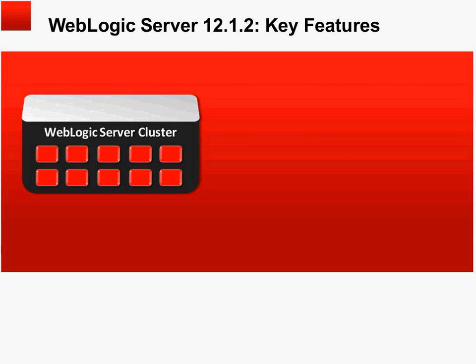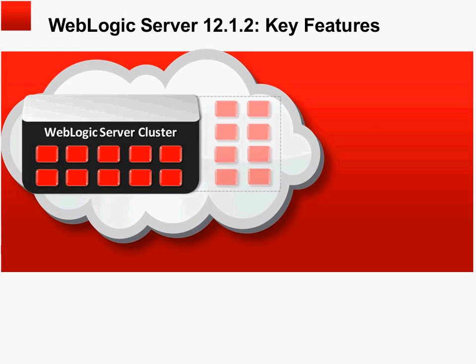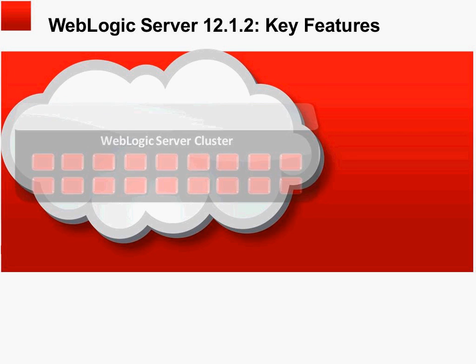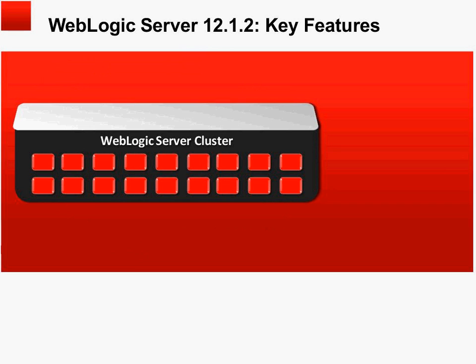So let's drill down a little bit into a couple of the capabilities. One of the areas I wanted to highlight was the introduction of dynamic clusters. Now, what happens here, you can see with the graphic of a cluster growing dynamically, is you're able to set a minimum and maximum size for the cluster.